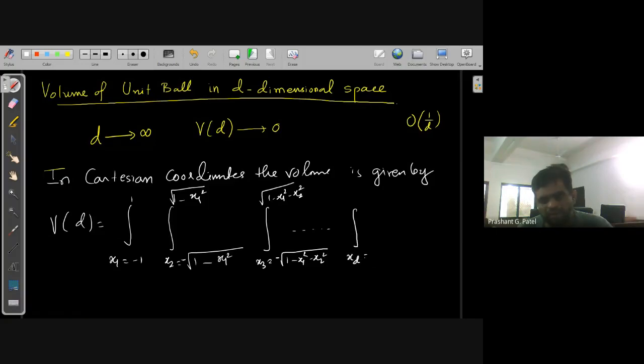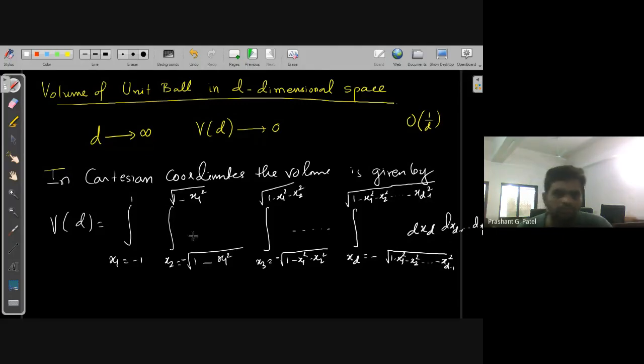The last one is xd, running from minus square root of 1 minus x1 square minus up to xd minus 1 square to plus the same, and the integration is over dx1 dx2 up to dxd. So this is the volume of the unit ball in Cartesian coordinates we discussed in the previous lecture.